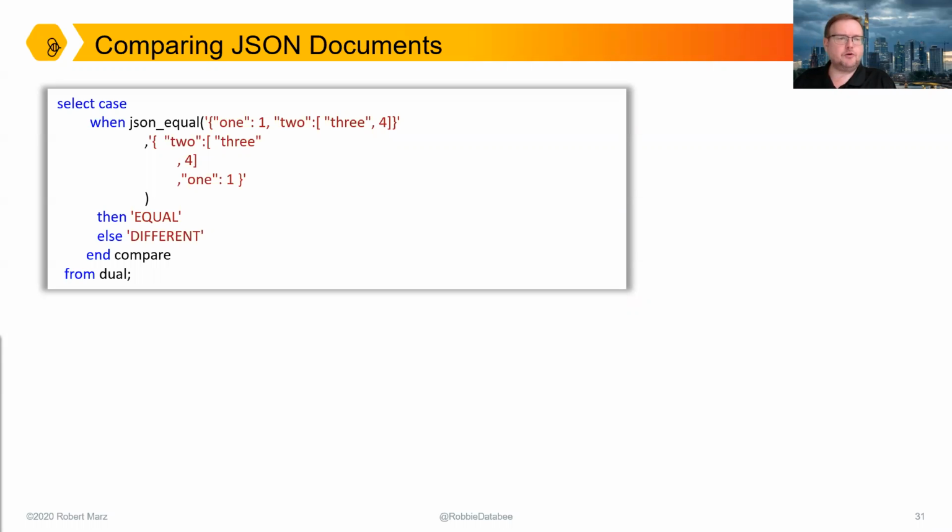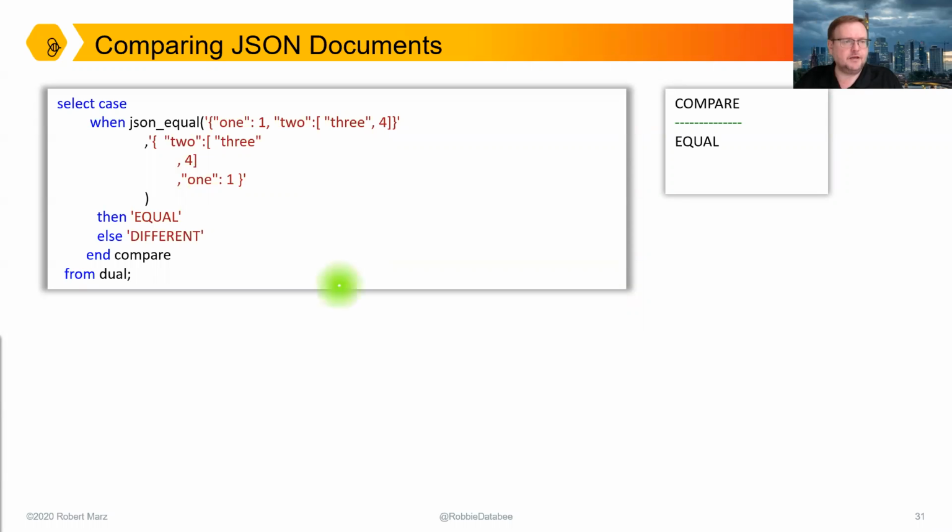So if you have a look at those two JSON documents here, the first is that one, 1, 2, 3, and the other one is formatted quite differently. And JSON equal parses those and compares the contents. And the result in this case is those documents are equal, because in JSON documents, white space isn't important at all.